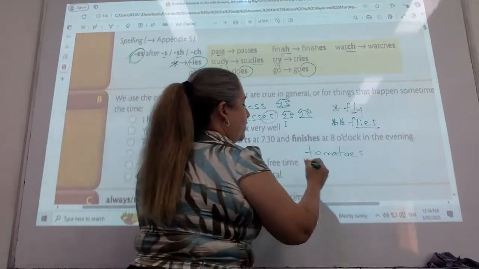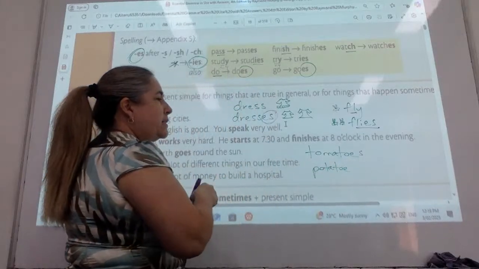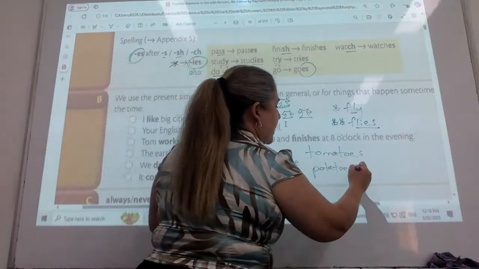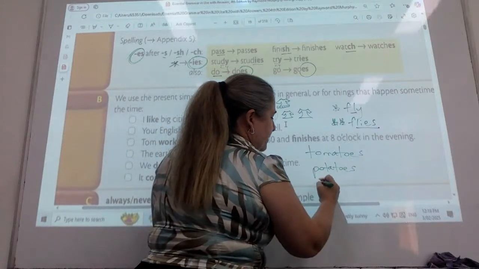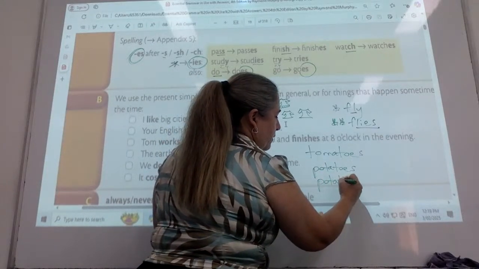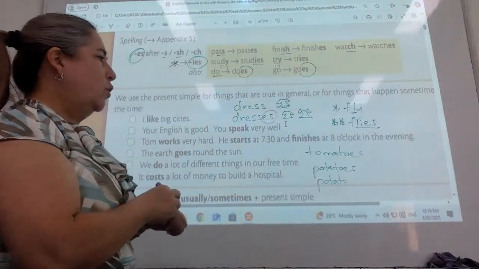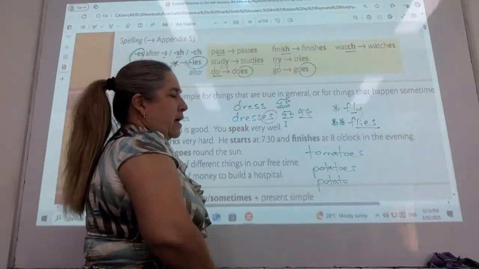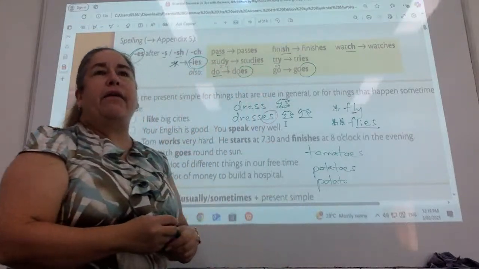If we have the potato, right, we're going to add the S. Why is it O? Because in some places they use potato, yes, and so we add the ES. And what could be another one?